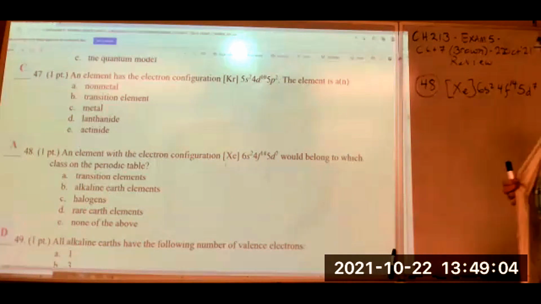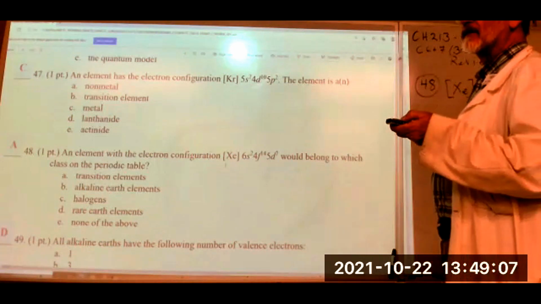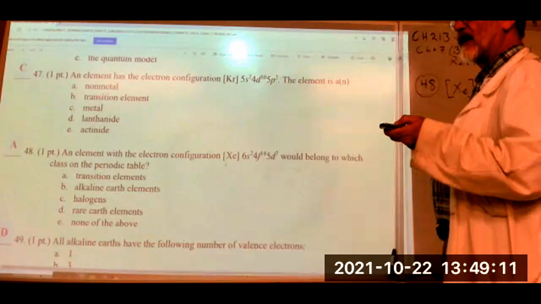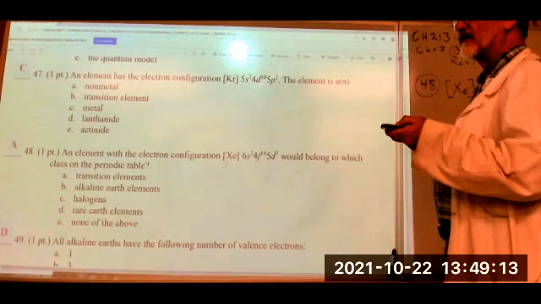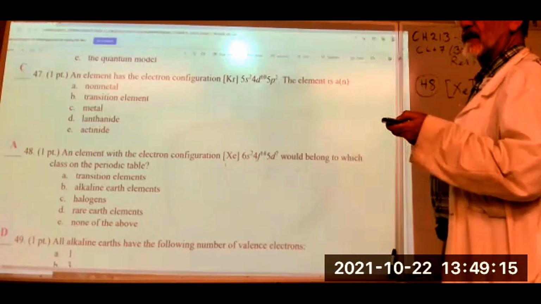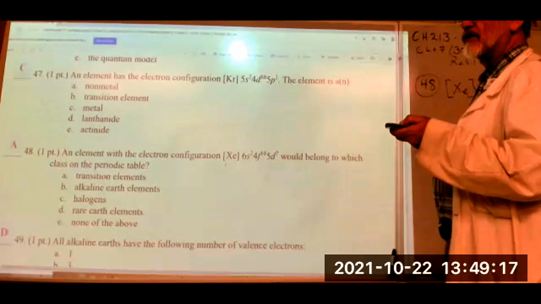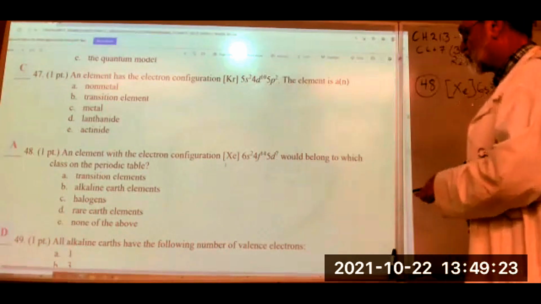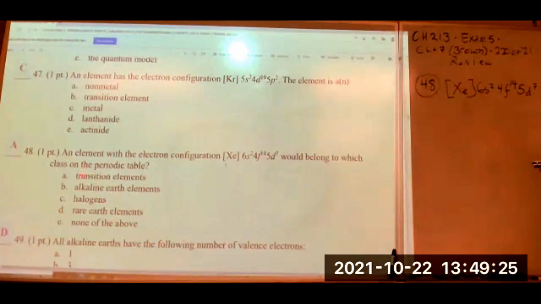Okay, so we've gone through 6s here. We've gone through the f's here, and then we're back to d, 5d7. So we're going 2, 3, 4, 5, 6, 7. That should be iridium, which makes it what? A transition element. Okay.